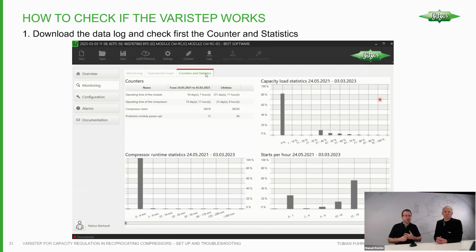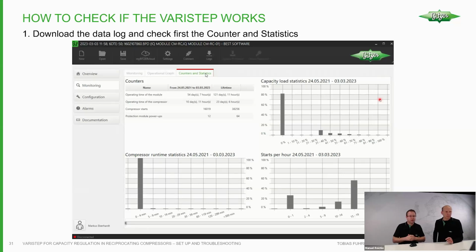Also, what you can do is, for example, if you have a controller that can give you the number of starts and stops of the compressor per day, if the compressor is starting more than 120, 130 times per day, it is maybe time to pay the system a visit and to check, because something is wrong, because you have a high number of starts and stops.